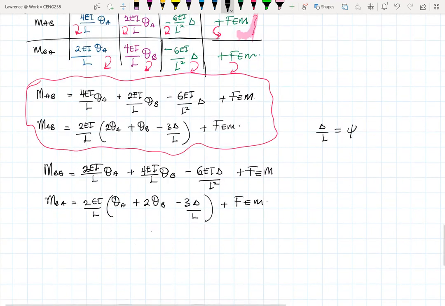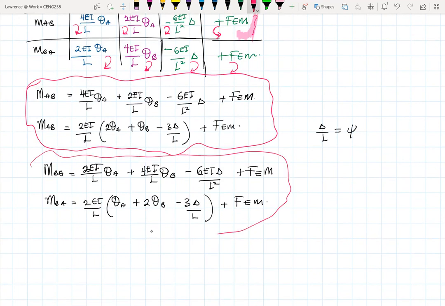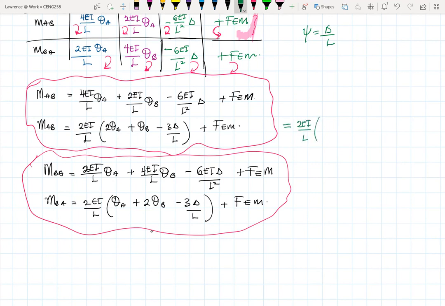Some books will go further and rewrite these two equations. Psi is equal to delta over L, so this equation then becomes 2EI over L times 2 theta A plus theta B minus 3 psi, plus the fixed end moment.